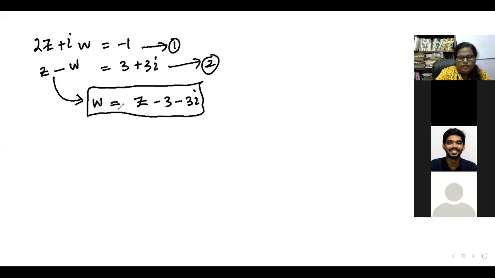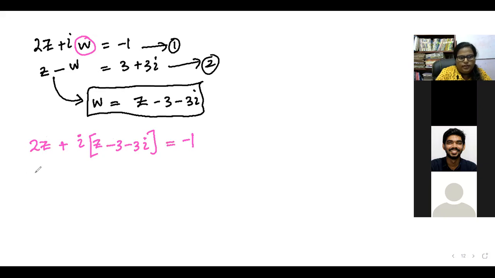So after making W the subject, we can easily substitute this W value into the first equation. So 2Z plus i, instead of W, we are using this one, Z minus 3i, equals -1.